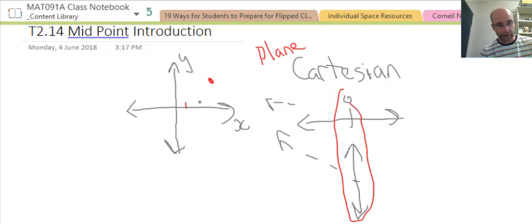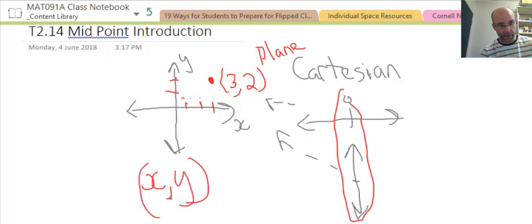Let's say we've got 1, 2, 3, etc. going that way, and 1, 2 going that way. This point here would be a combination of going across and going up, and we would call that 3, 2. It has to be in that order: X first, Y second. So it's the across and then the up or down. Remember, the origin 0, 0 is here.